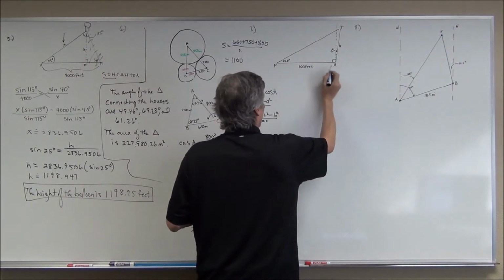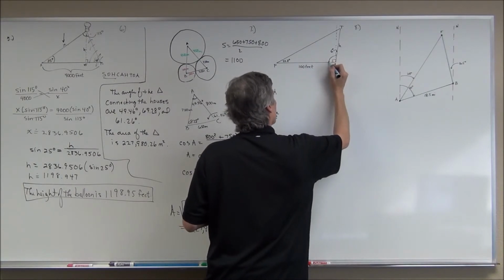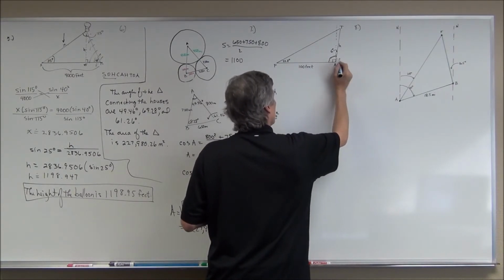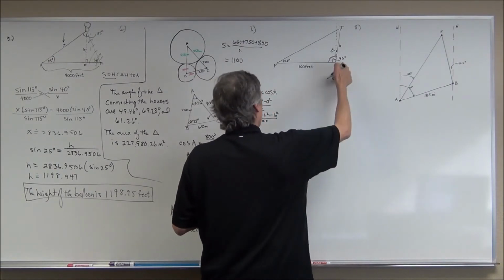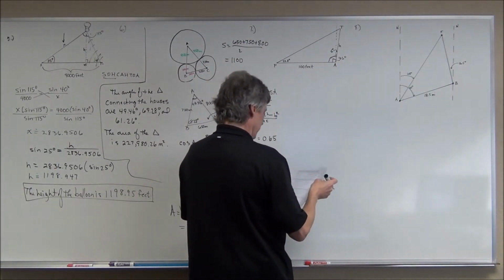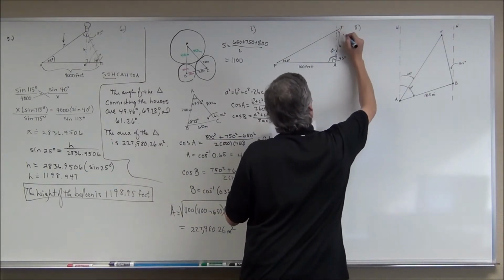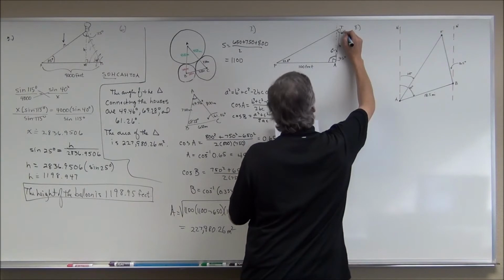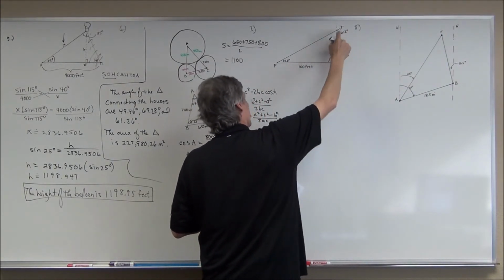This is 22.8. This part here is 90 plus 6 more, which means all of this would be 96 degrees. So if that's 96 and that's 22.8, add those together, subtract from 180, and this angle up here, angle T, turns out to be 61.2 degrees. Notice I have the side opposite the angle. I needed that ratio.